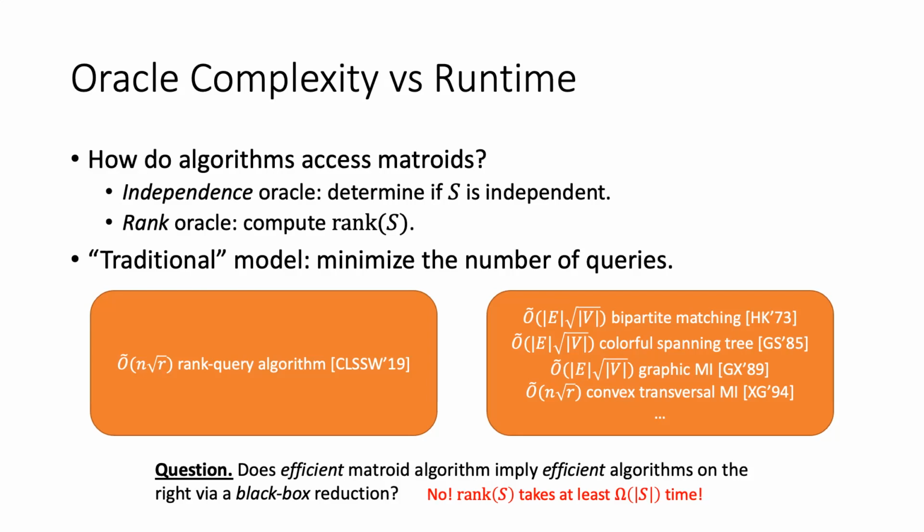But to compute the rank of a set, regardless of what matroid you're looking at, you need at least omega of |S| time just to specify the set S and feed it to the oracle. So hypothetically, even if we can get an optimal, linear rank query algorithm, then using this reduction, we can at best get some quadratic algorithm for problems like bipartite matching, which is apparently too slow.